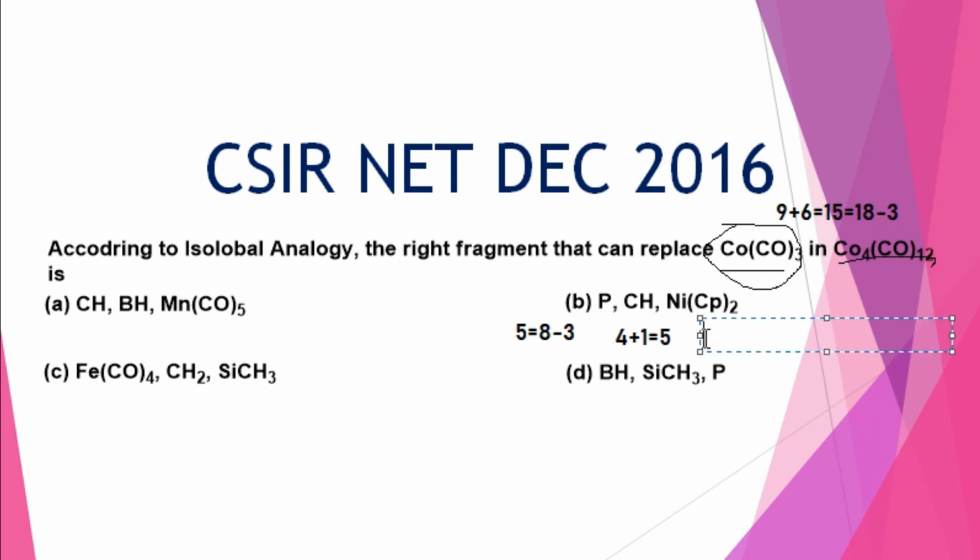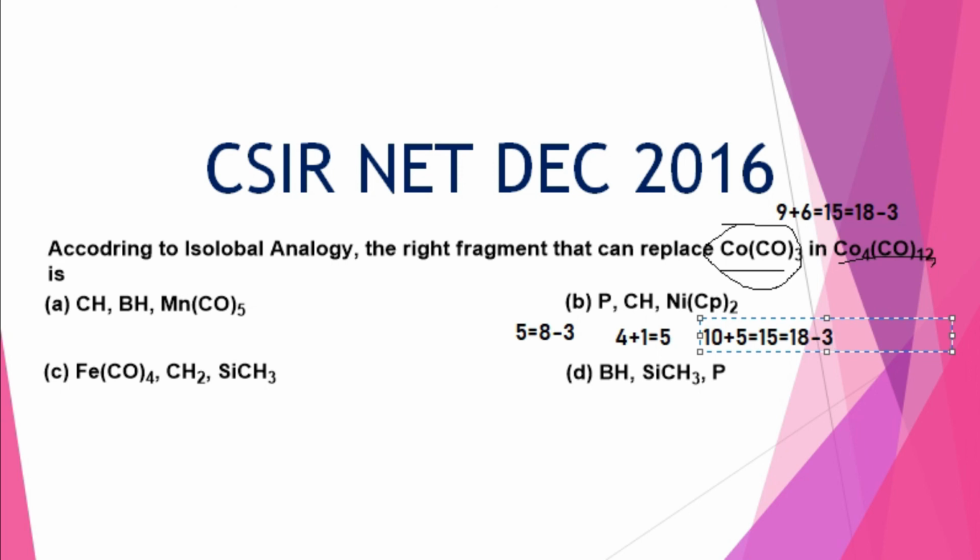Now for the NiCp, you know that for nickel there are 10 valence electrons, plus from Cp. There wouldn't be Cp2 because there should be Cp. It is a mistake in the question. So there is 1 Cp, so that will be 5. So you get 15. Okay, so 15 can be written as 18 minus 3.